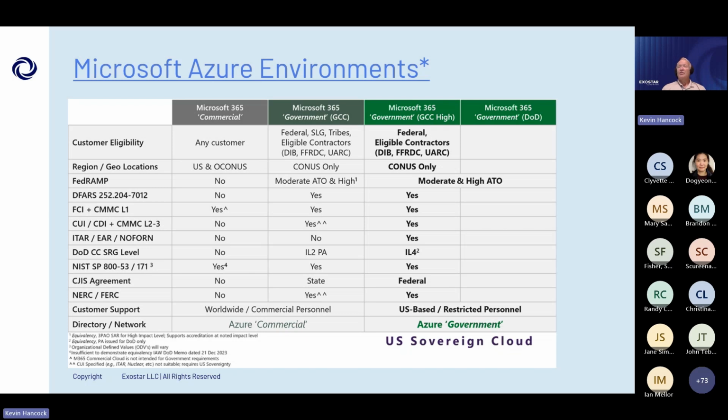There are other support contacts that support GCC, which are outside the US, and they're commercial personnel. So when you talk to Microsoft and you start to look at that, if you have ITAR, you are going to require GCC High. And I would just look at those other cloud providers, Google, Amazon, etc., to ensure that you understand that kind of difference between their environments as well.